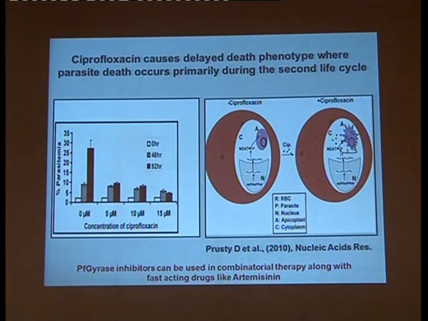It kills the parasites, but there are a few parasites which will survive. Now, if you have a combination of a fast-acting and a slow-acting drug, these drugs can take care of those parasites which bypass artemisinin. So this is what we think, that gyrase inhibitors can indeed be good combinatorial therapy for Plasmodium falciparum.